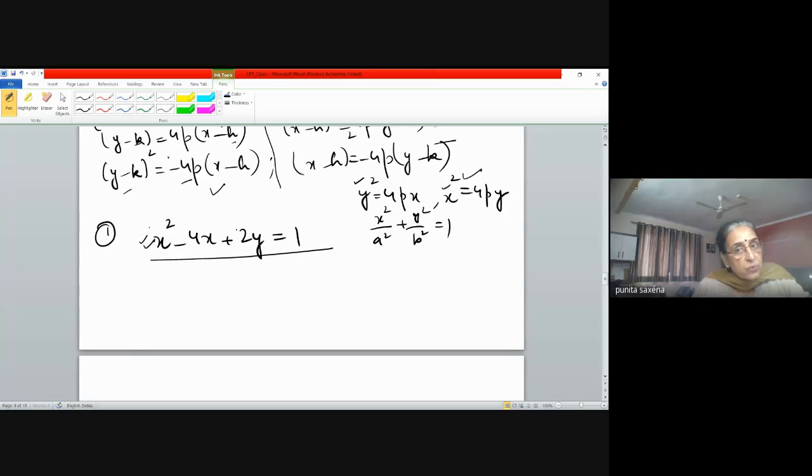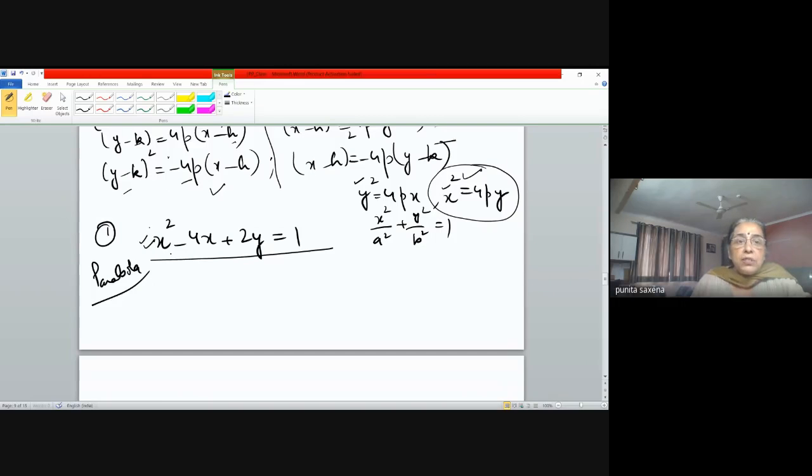There is no y square present. So definitely this represents a parabola. Is it okay? Right? And definitely since I have x square, so my parabola is going to be something like this. X square equal to 4py. इसी type का बनेगा, right?